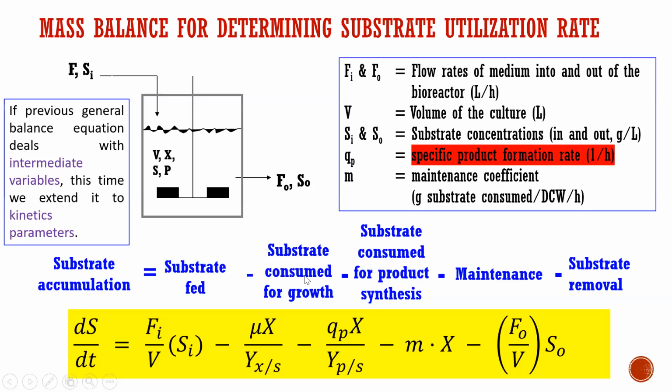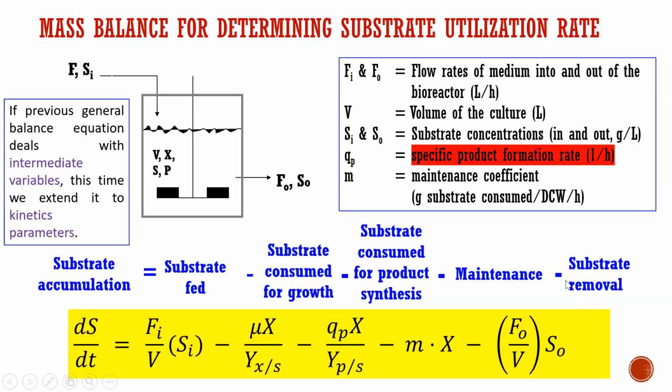How do we get this? The basis for coming up with this is the initial mass balance, the very, very general one. Rate of accumulation is equal to rate of transport plus rate of conversion. Transport means the one that you give in and the one that you remove.